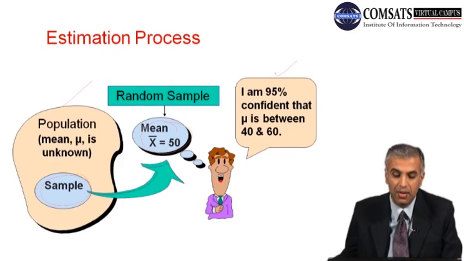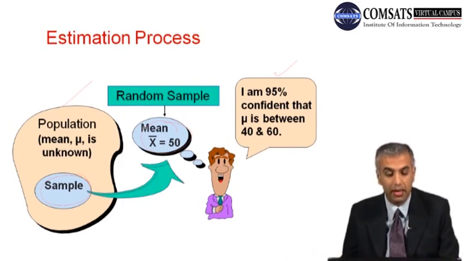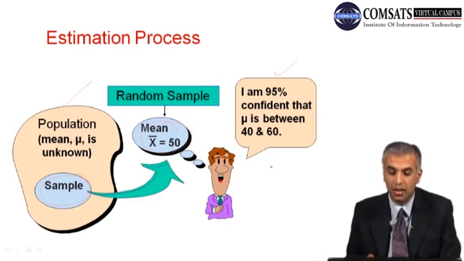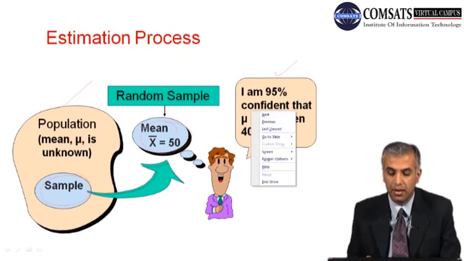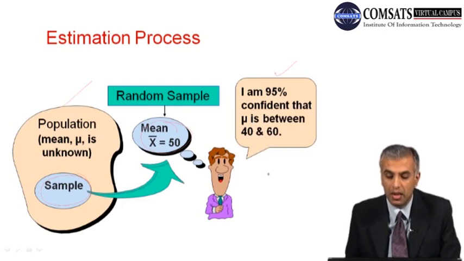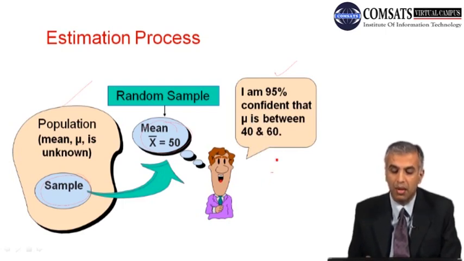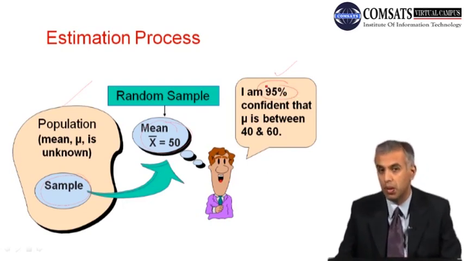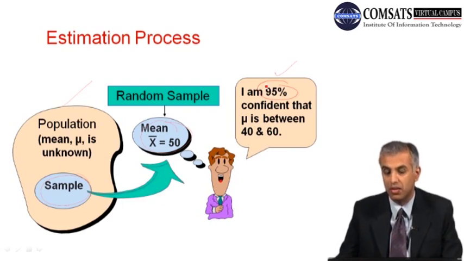This was a conceptual diagram in which we don't know the population parameters, and once we take a random sample, we are talking about how confident we are that our population mean lies within a certain range.